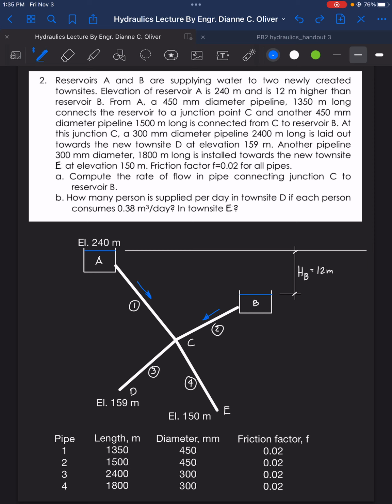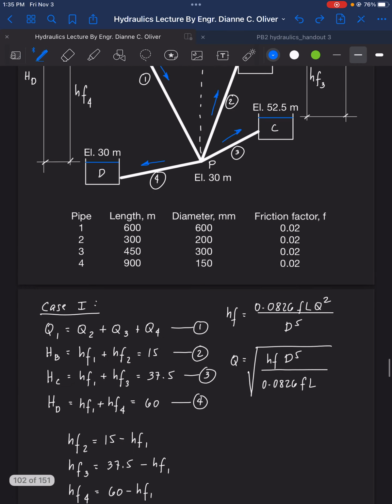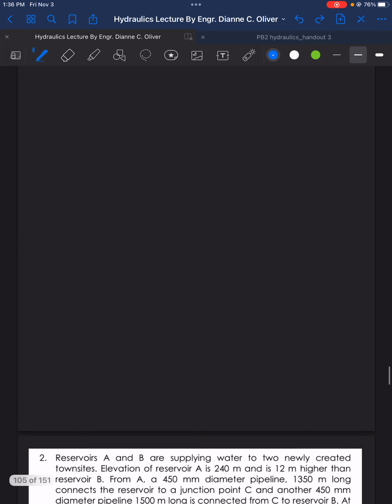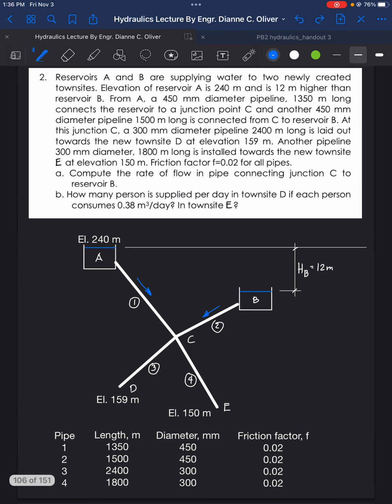As you can observe in the previous example, we understood the word "to" as the flow of water, where it says "discharges to." That refers to the flow. Whereas here, "connected from C to reservoir B" pertains to the connection of the pipes only and not the flow of water.